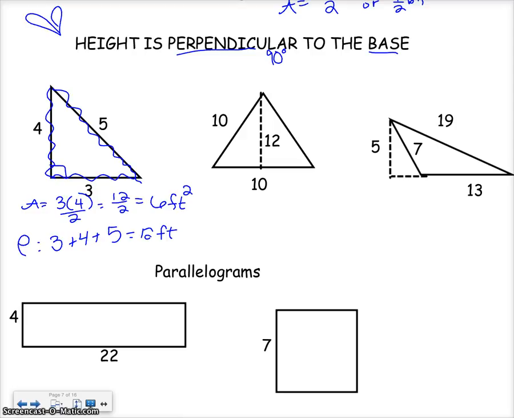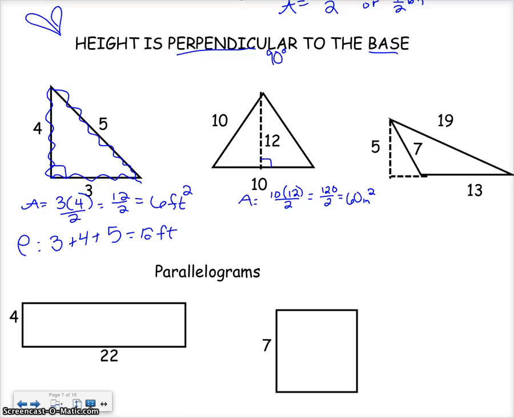Okay, the next one, I want to find the area. So area is base times height divided by 2. Height is whatever meets the base at a 90-degree angle, so that is this 12. So my area is 10 times 12 divided by 2, which is 120 over 2, which is 60. Let's call it inches squared, just for fun, even though it makes no sense.